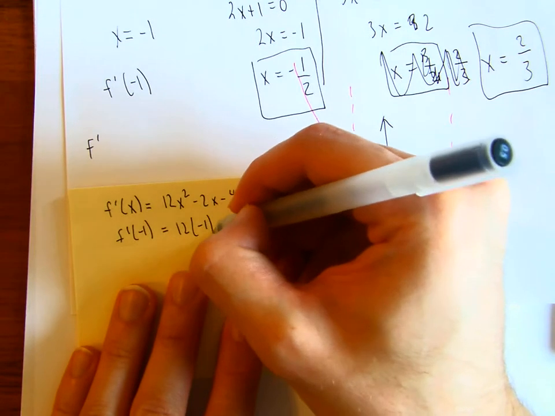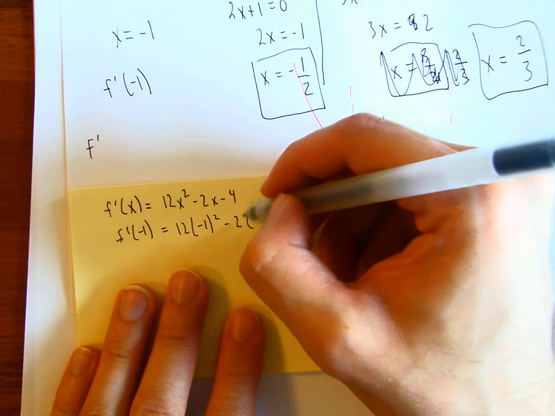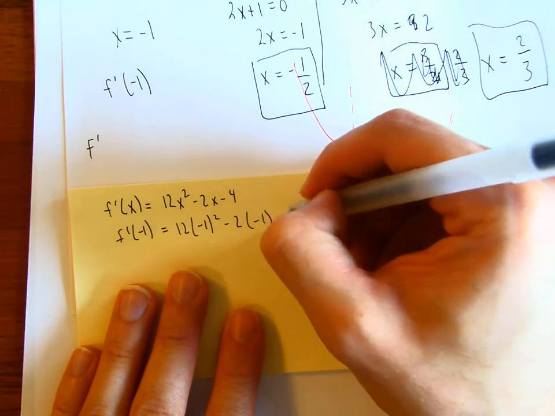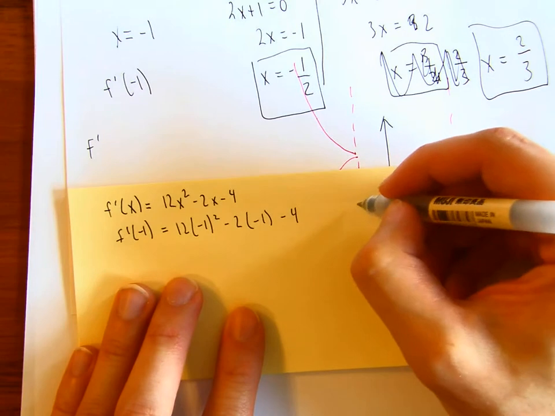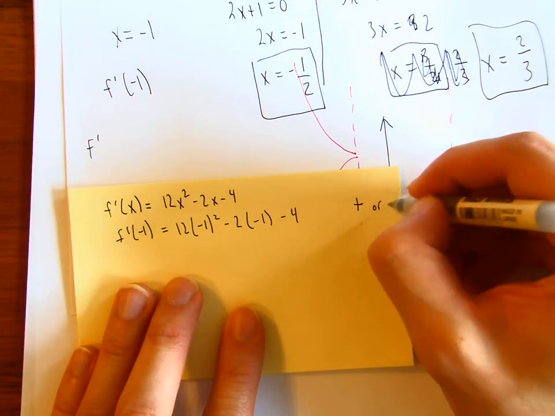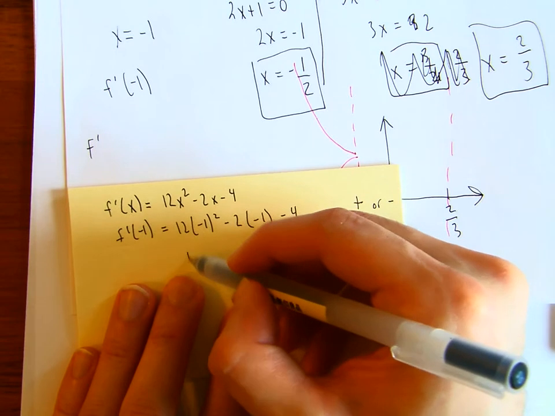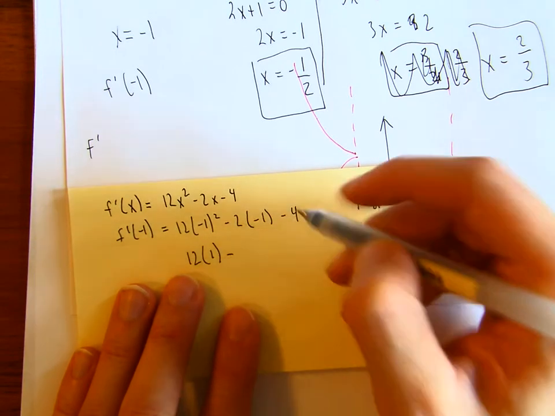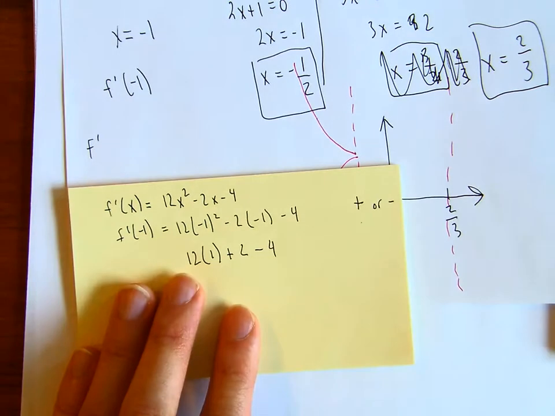12 times negative 1 squared minus 2 times negative 1 minus 4. Now, all I care about is whether it is positive or negative. Okay? So let's see, this is what? 12 times 1 minus, this should be a plus 2 minus 4, right?